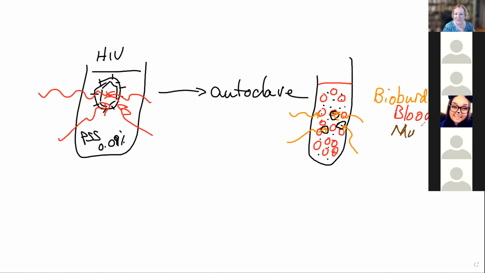Mucus protects the virus that causes COVID and prevents it from drying out in the environment. And then if I'm trying to disinfect, the disinfectant or the sterilant has got to get through the mucus to get to the virus. What's another bodily product that could unintentionally protect a pathogen?